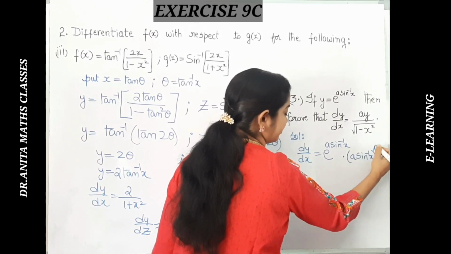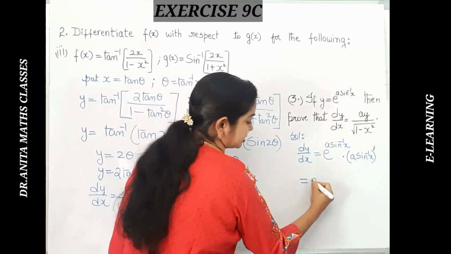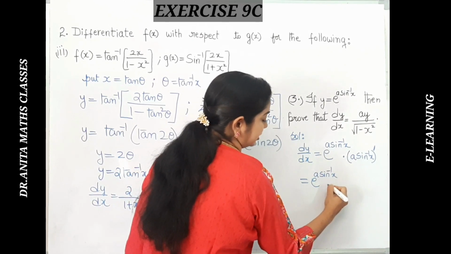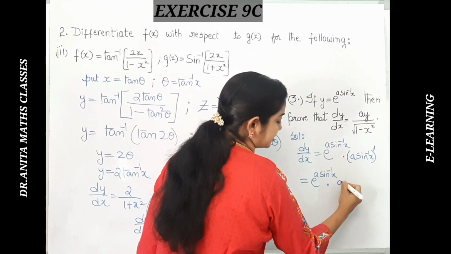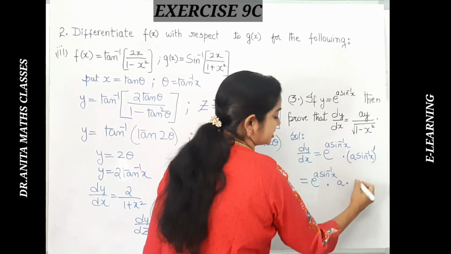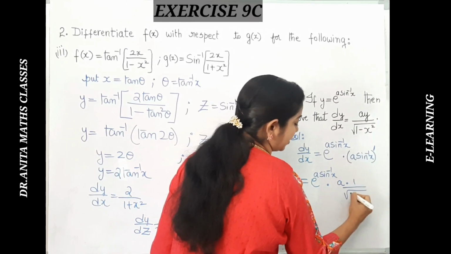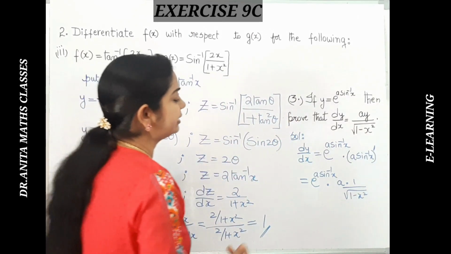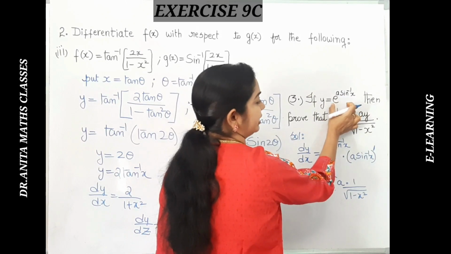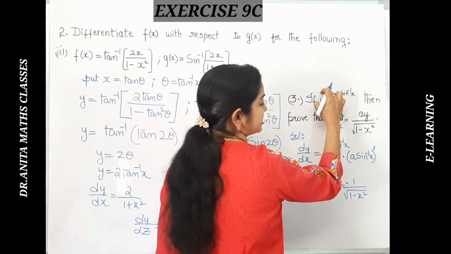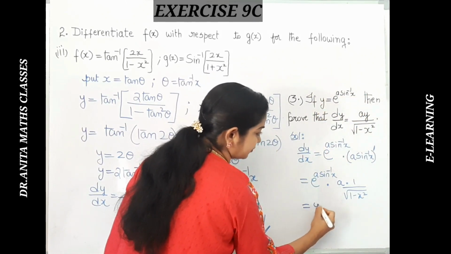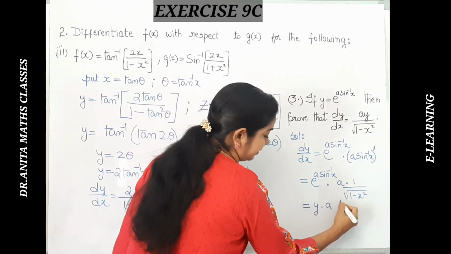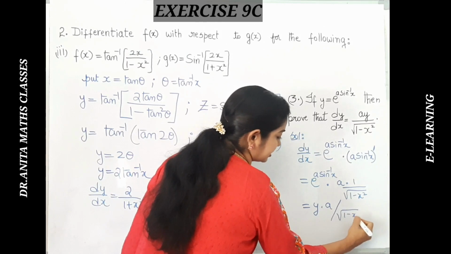I'll keep the differentiation sign here. So that means e to the a sin inverse of x. Here a is a constant, it comes out, and differentiation of sin inverse x is 1 upon under root 1 minus x square. Now given in the question itself, e raised to the power of a sin inverse x is y, so I'll substitute that this is y. And a into 1 is a, divided by under root 1 minus x square.